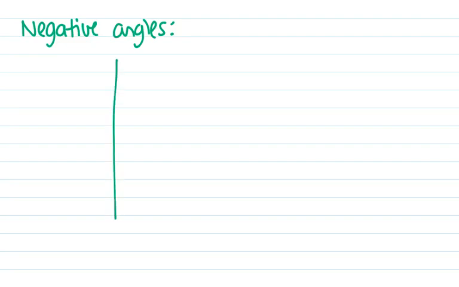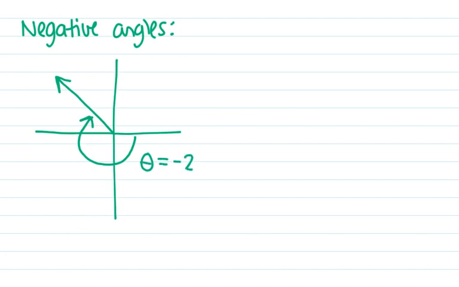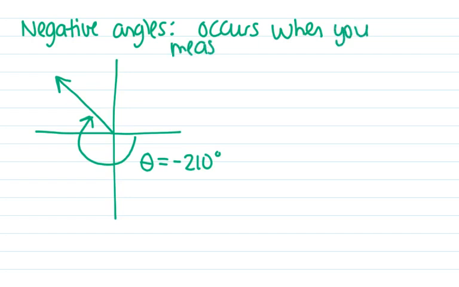All right, and then the last term is negative angles. So another Cartesian plane. If I have this angle over here, and it was angle negative 210, that's because this negative angle occurs when you measure clockwise from the positive x-axis.